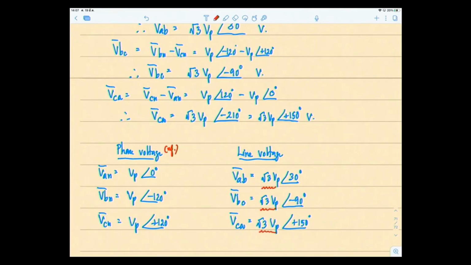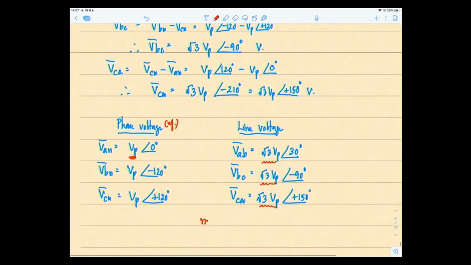But the value changed such that the magnitude of the line voltage becomes root 3 times V phase. So the magnitude of V line is root 3 times V phase.